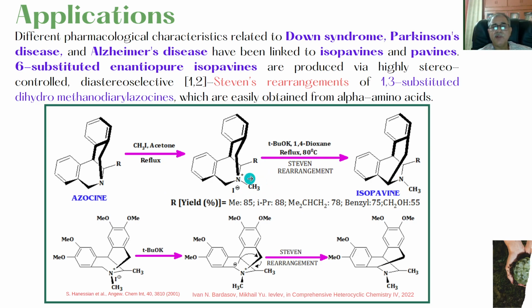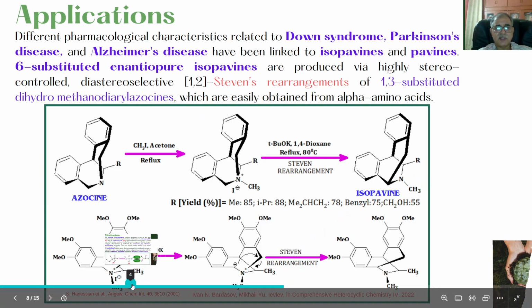Then this quaternary ammonium iodide, when reacted with potassium tertiary butoxide, which is a strong base, in the presence of 1,4-dioxane as the solvent, will undergo Stevens rearrangement to give us isopavines as the product. And again, a 1,3 shifting of some alkyl group will take place to give us 1,3-substituted dihydro methanodiaryl azocenes as the product.